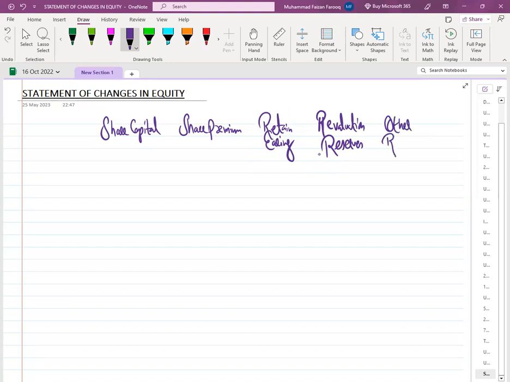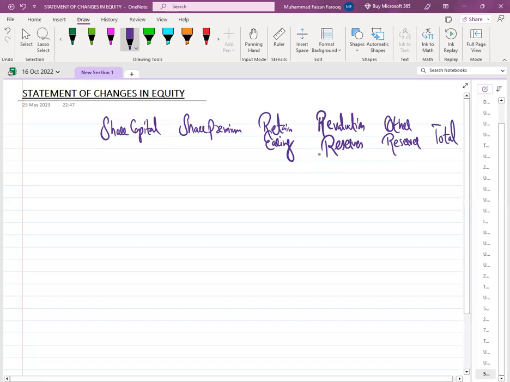Other reserves can be general reserve, capital asset purchase reserve, or combined reserve. Other reserve means any other name; you name it, but it must be a reserve.